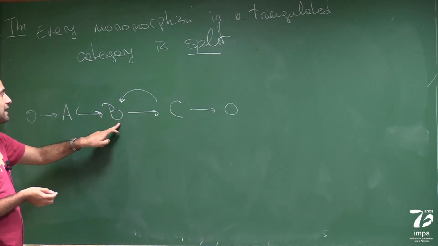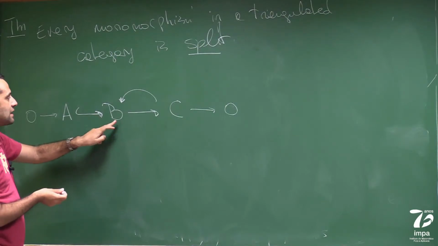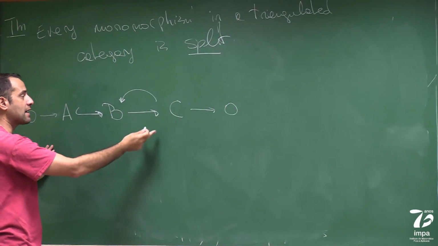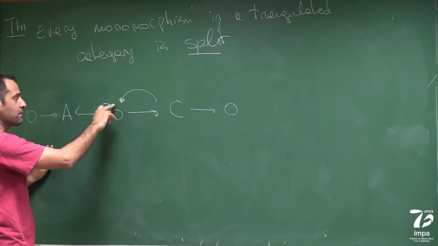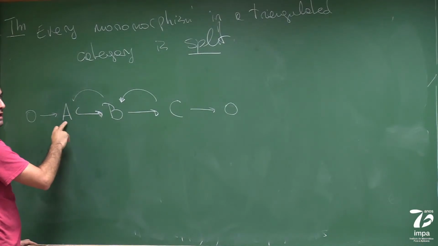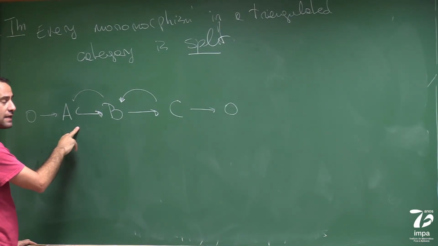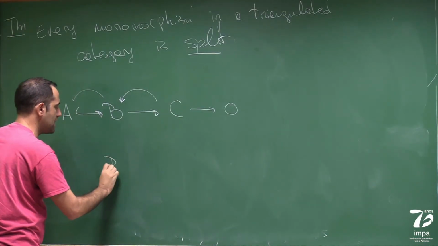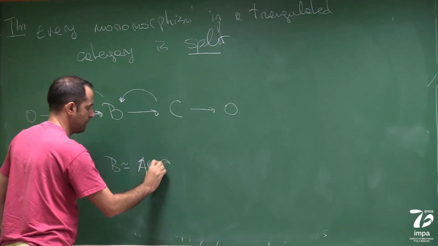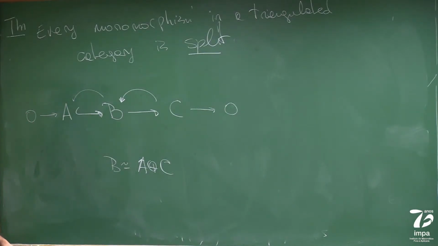Or in other words, finding another object here such that this B becomes the direct sum of these two. If I manage to find something like this, making this the identity, then I express this B as a direct sum of A plus C. That's something that happens in an abelian category.